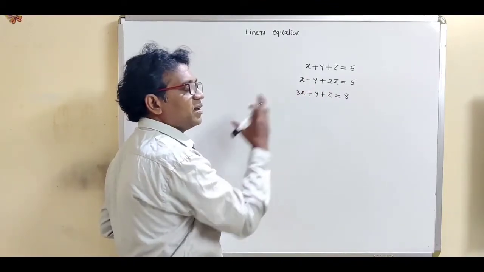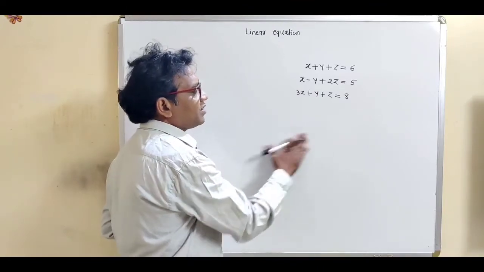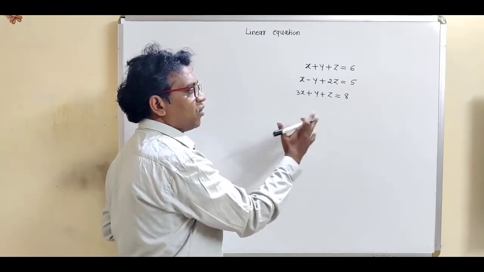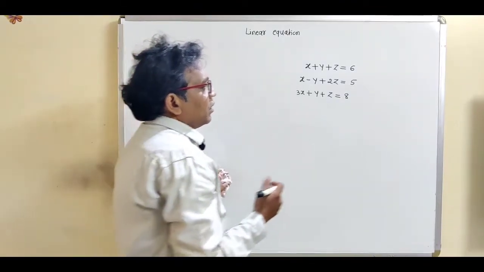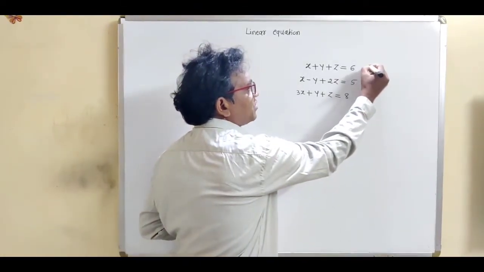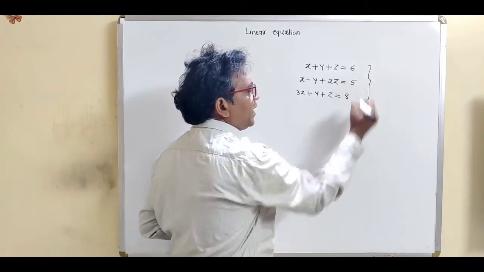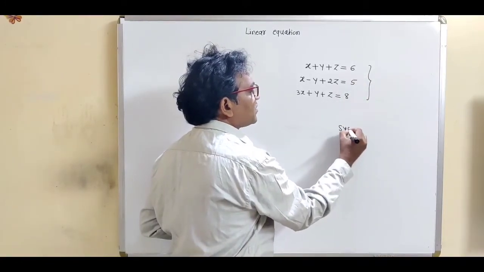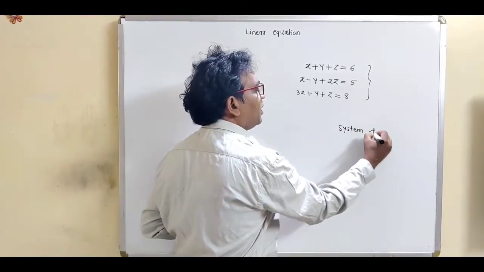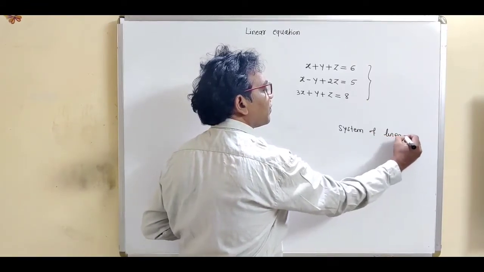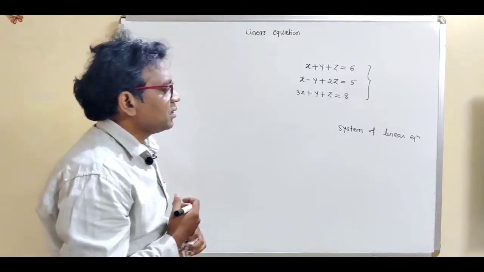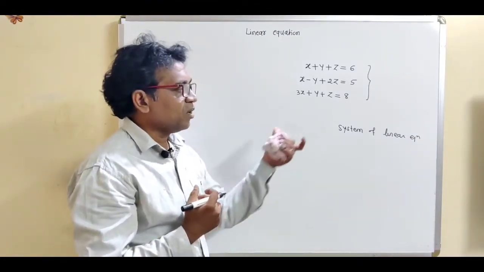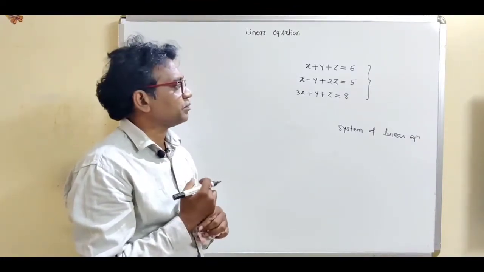As well as this third equation is a linear equation. Now all these equations combined are called the system of linear equation.